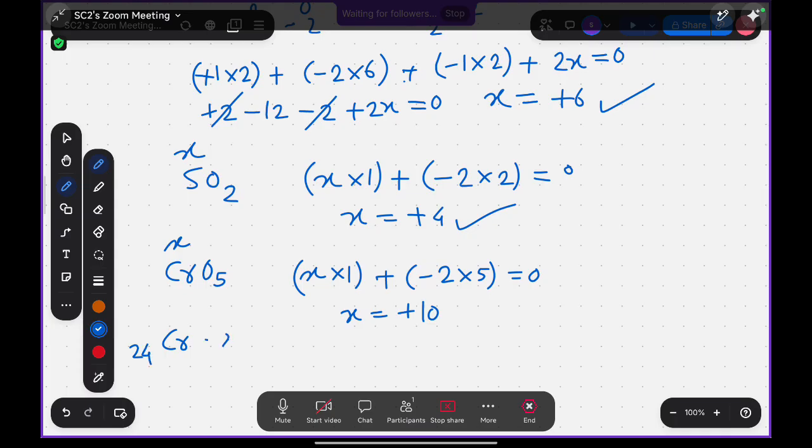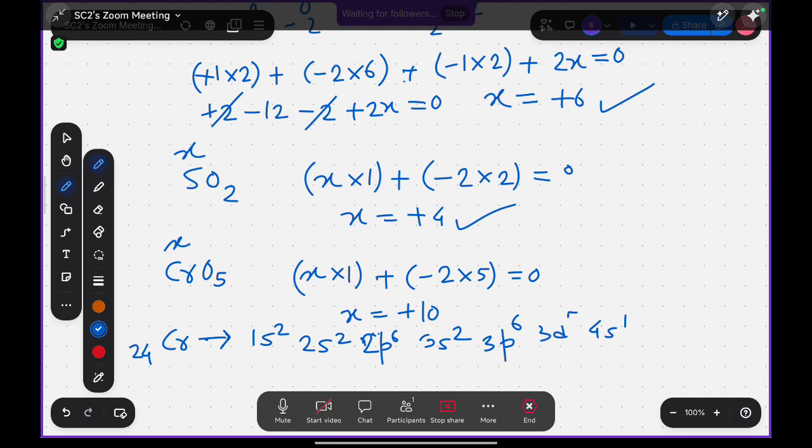So the electronic configuration is 1s2, 2s2, 2p6, then 3s2, 3p6, 3d, 4s.